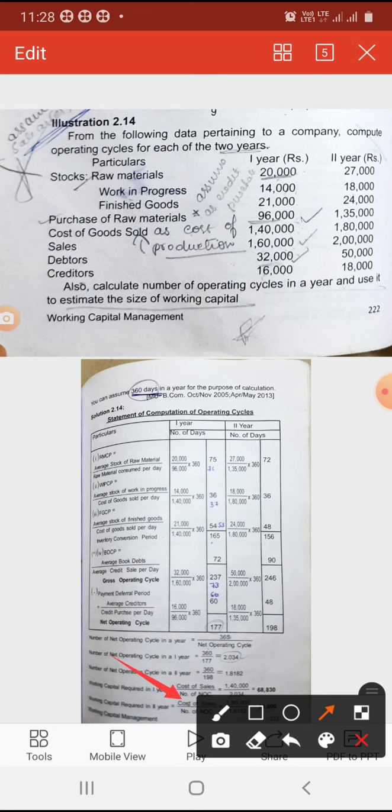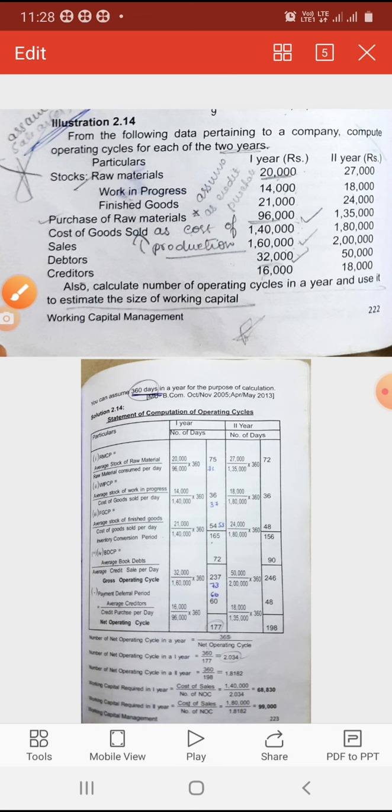So you will get 2.034 and 1.81. Working capital required is cost of sales, that is cost of goods sold, 1,40,000 divided by 2.034, and you will get 68,830. In the second year, cost of sales divided by 1.8182 is equal to 99,000.